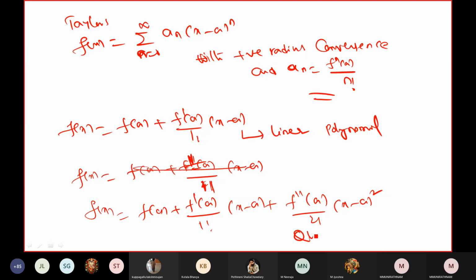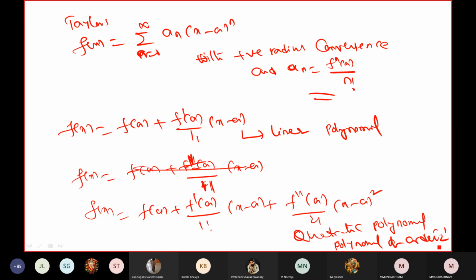So this is called a quadratic polynomial, or polynomial of order 2.